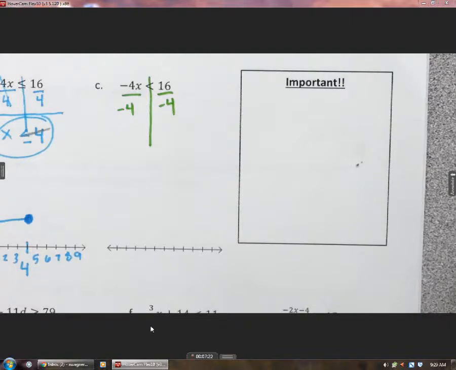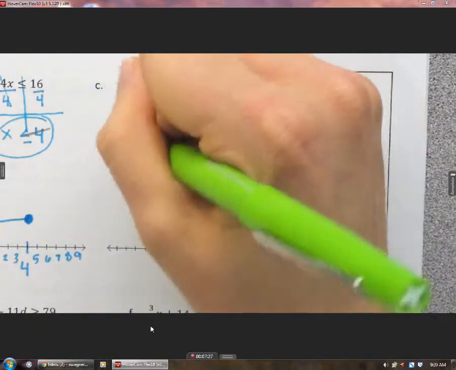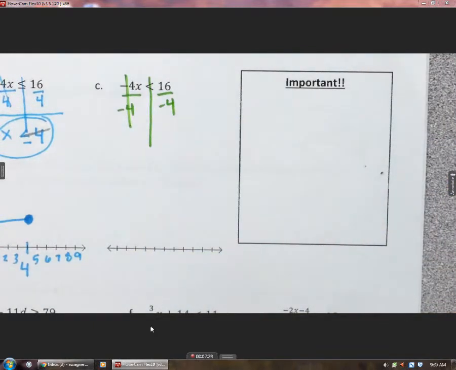When you divide by a negative, you have to do something. This is the only thing you have to watch out for. You have to flip the sign. So important.